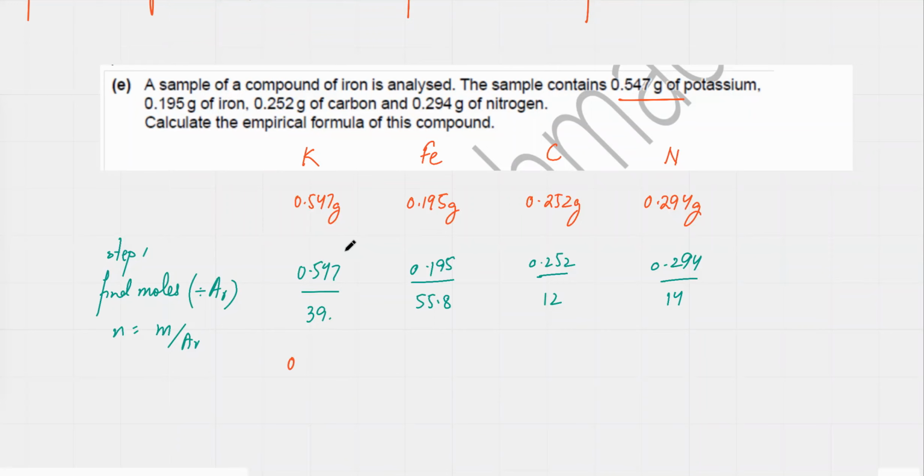That's 0.043, 0.014, I didn't get it. 0.014, right? Yes. Okay, what about the next one?